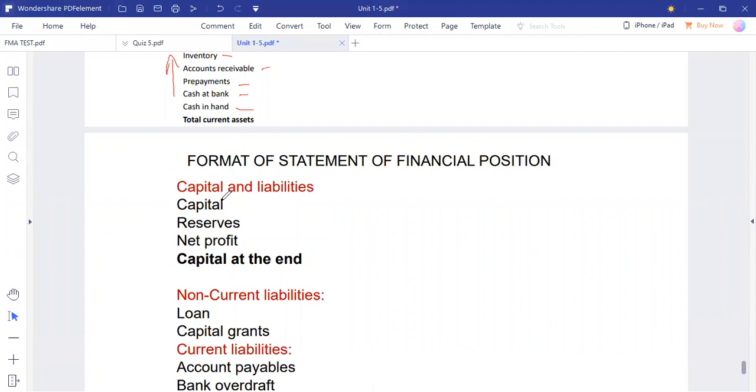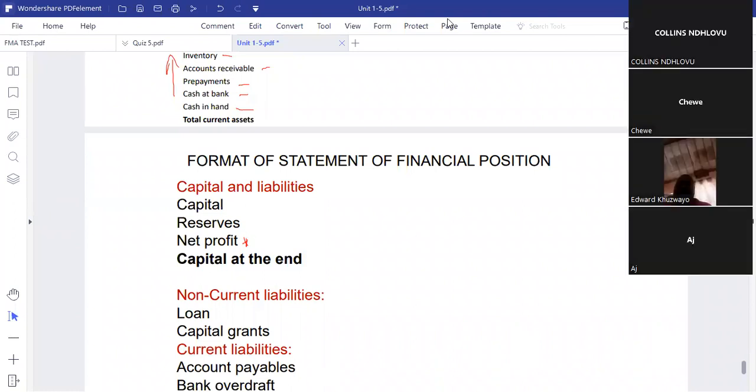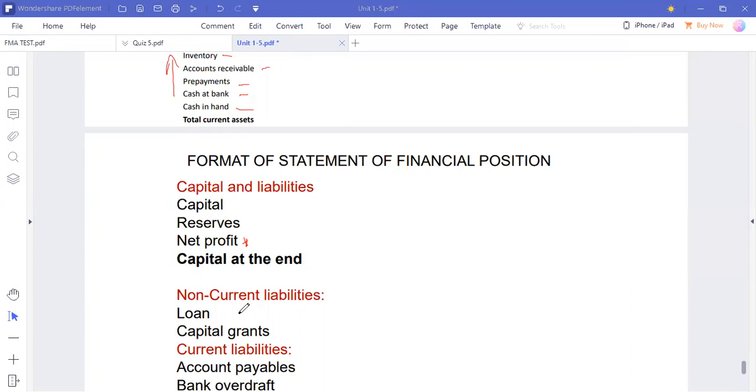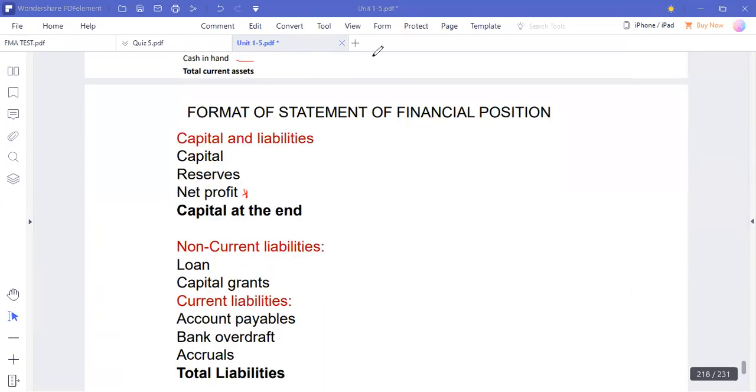So we have what? Capital, reserves, and net profit, which net profit comes from the income statement. So when you add these, we get our total capital at the end. Then we add both the current and the non-current liabilities.